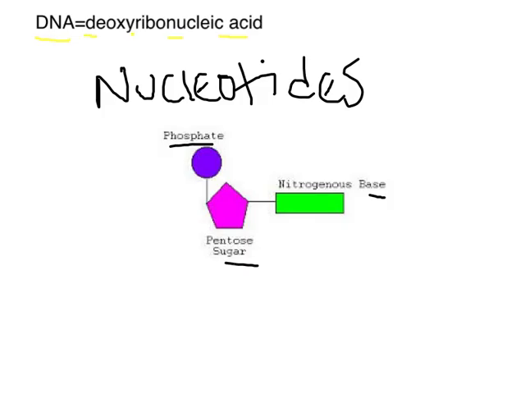Now, this is a generalized structure of a nucleotide. This pentose sugar, penta of course means 5, meaning that this is a 1, 2, 3, 4, 5 carbon sugar. But the sugar here matters. Pentose is a general name for the sugar. In DNA, this sugar is deoxyribose.